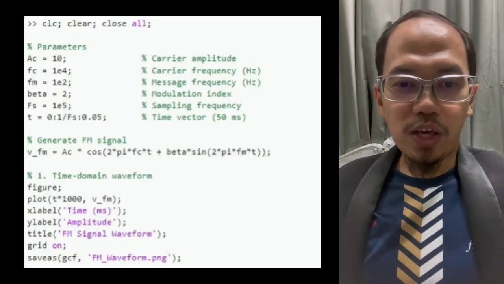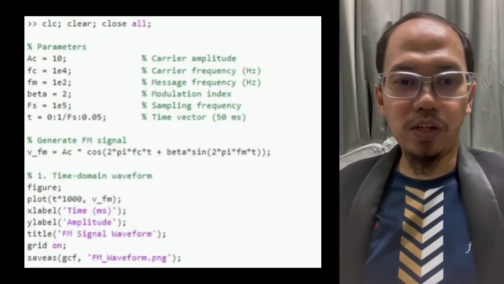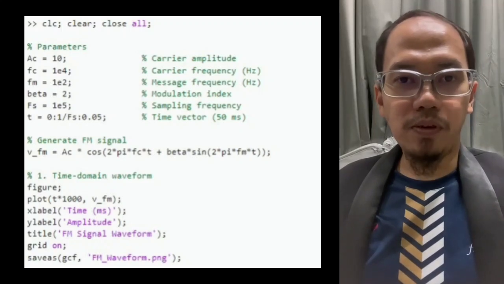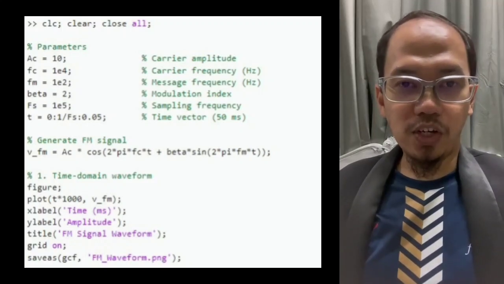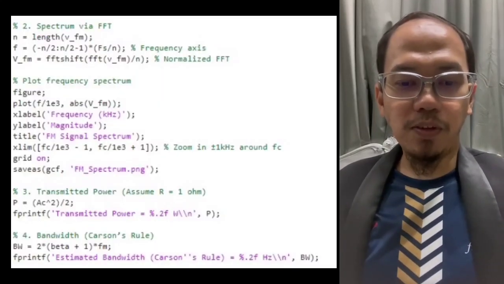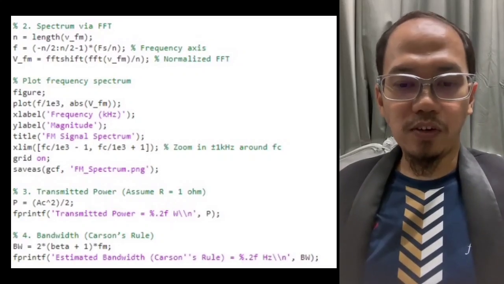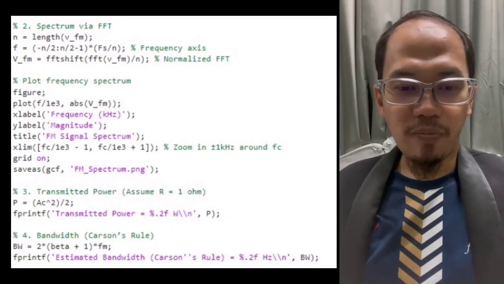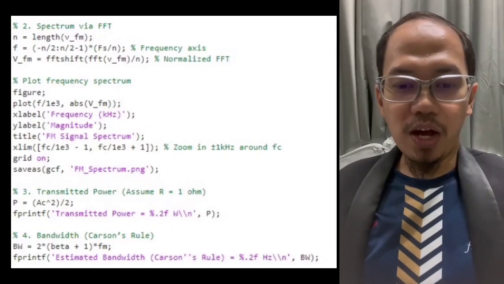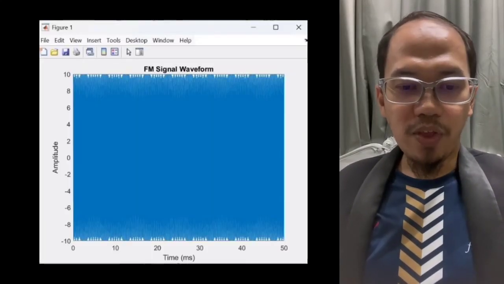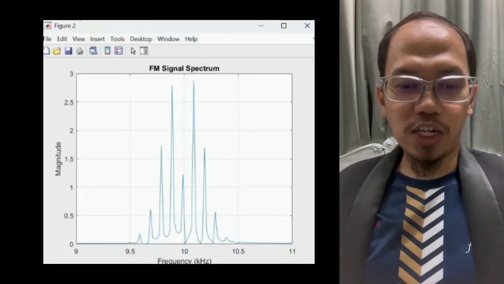After that, we compare my manual FM signal calculation with the MATLAB simulation. From the calculation, I found the transmitted power is 50 watt. Bandwidth using Carson's rule is 600 Hz. Then in MATLAB, I simulated the FM signal, plotted its waveform, and used FFT to show the spectrum.